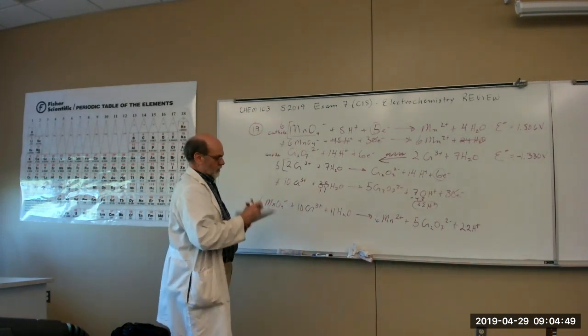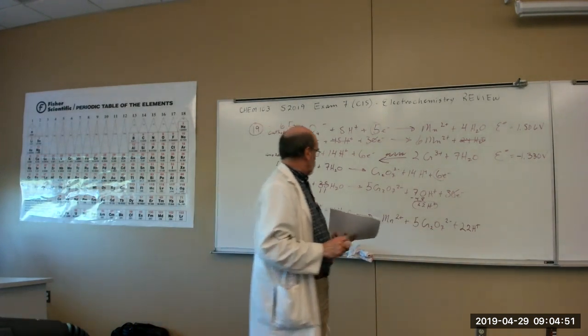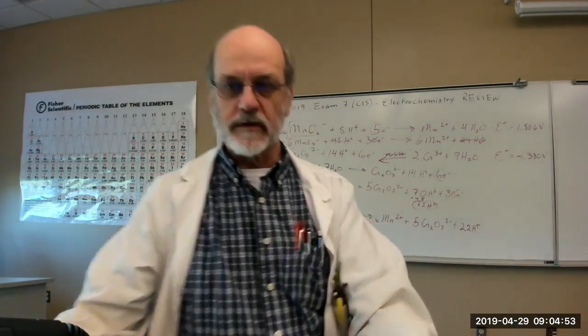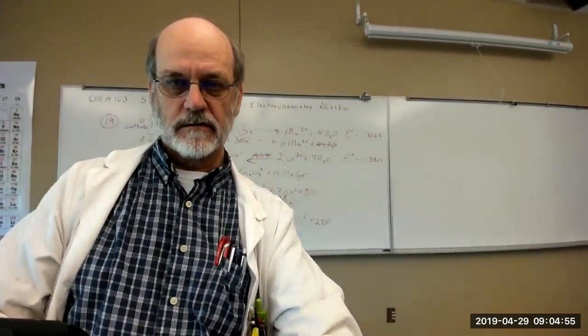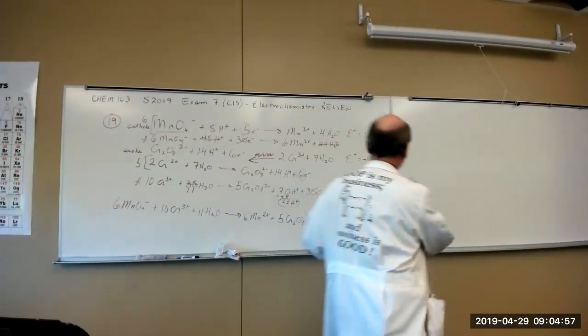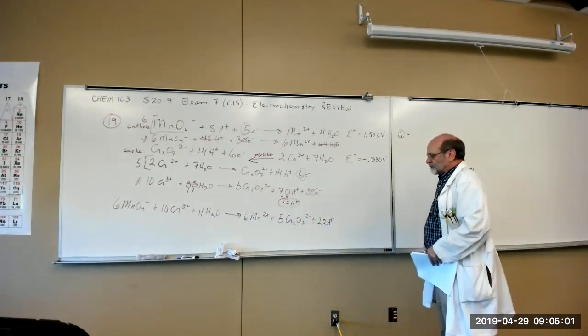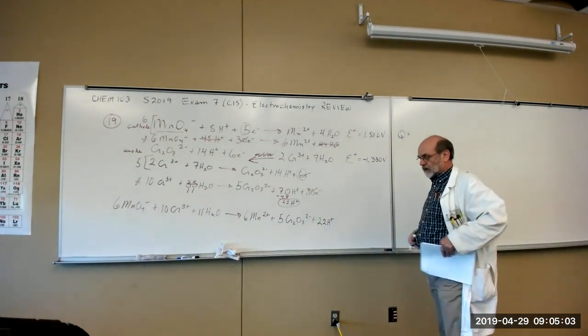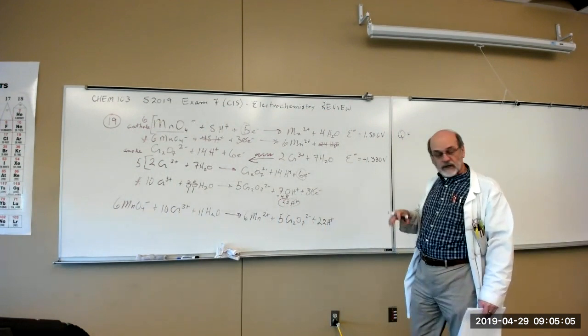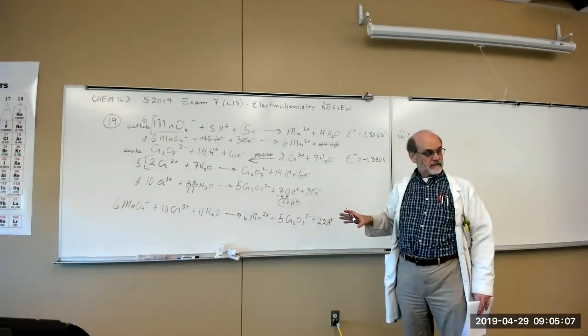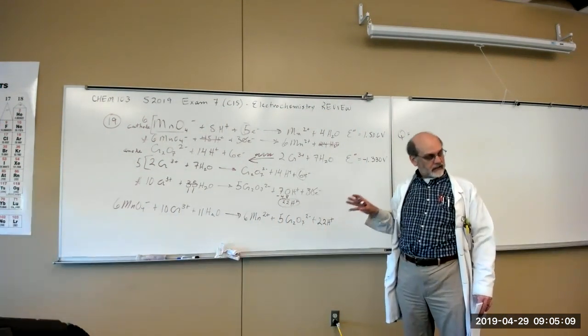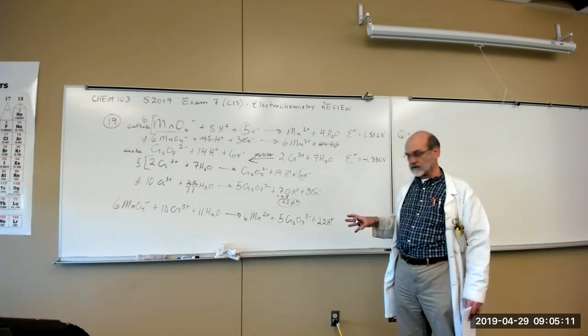Okay, now, what is the Q equal to? Let me move this over because I'm going to need more board than I thought I would. So the Q expression is simply the equilibrium equation for our starting conditions, not the equilibrium conditions.